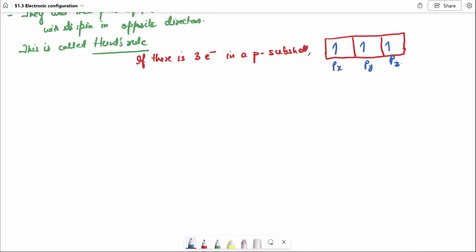Now let's continue the next concept. The principal quantum number indicates the number of energy levels, and also indicates the energy of the electron in that shell, right?